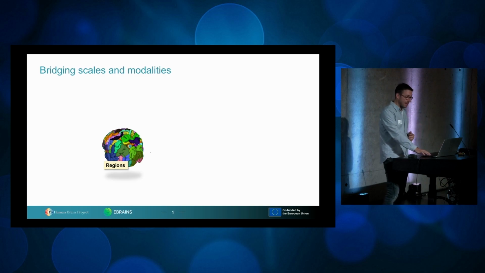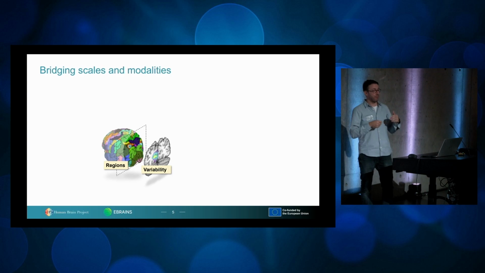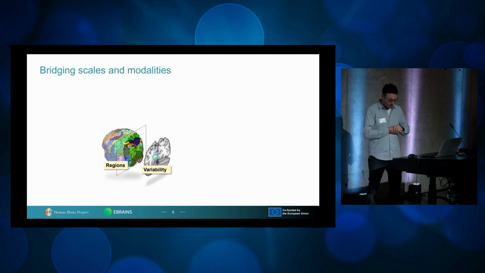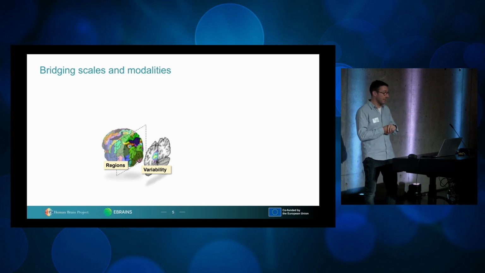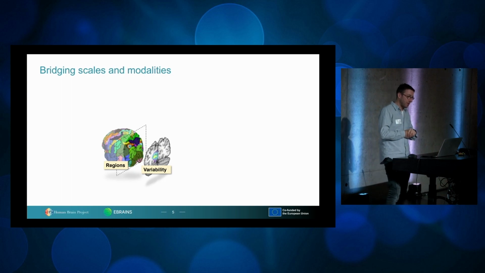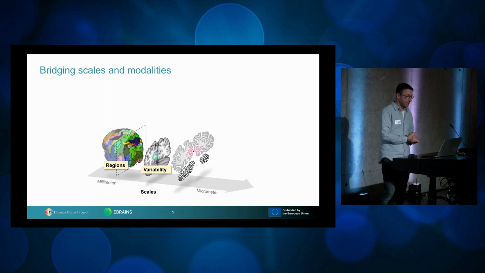The way that looks like is that in an atlas we have regions defined. You see here the Jülich brain cytoarchitectonic atlas. This is here the MNI Collins space that we see here. For each of these regions, we typically have a map that encodes the variability of the region as observed in different individuals. So there is also already this dimension to cover the variability.